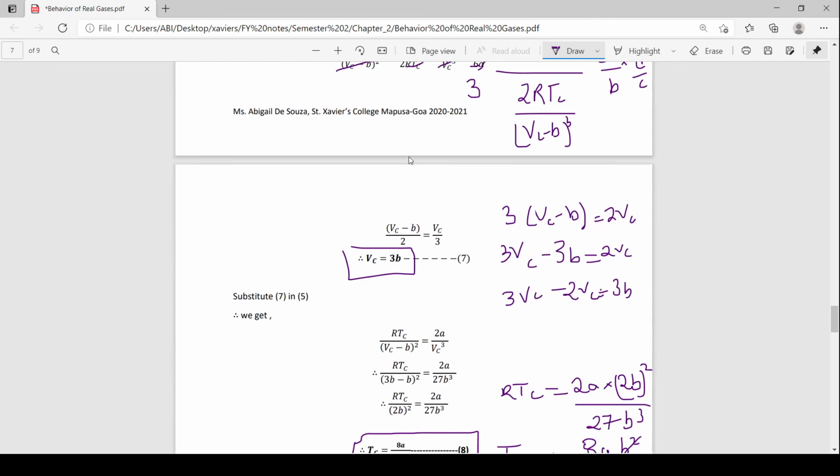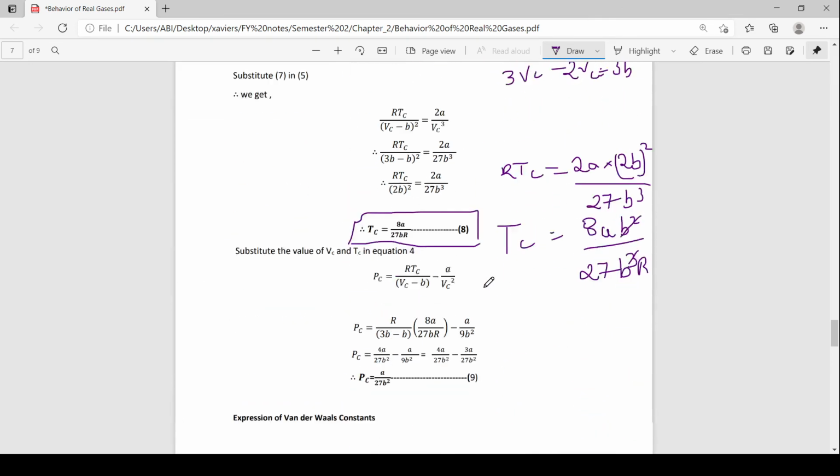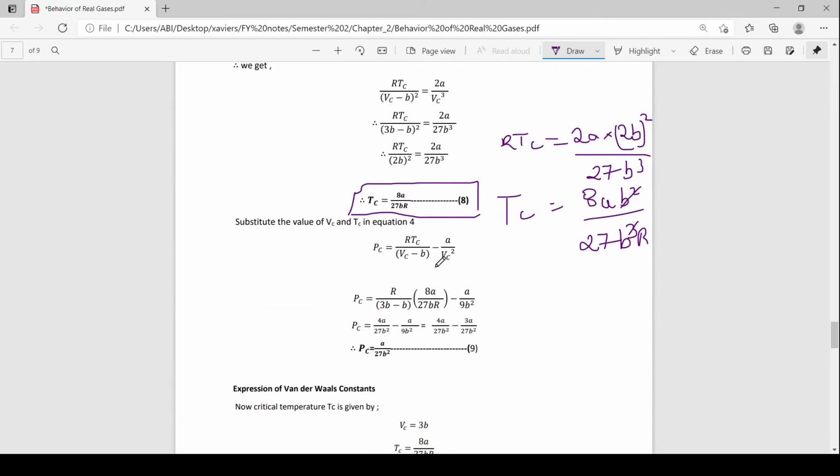This is my equation number 4, okay. Now wherever there is tc, I substitute it as 8a upon 27br, and wherever there is vc, I have substituted it as 3b. Similarly 3b, so 3b square, 3 3s are 9, 9b square I got.